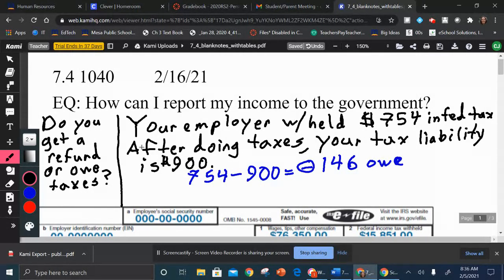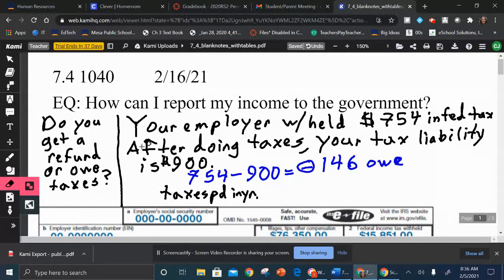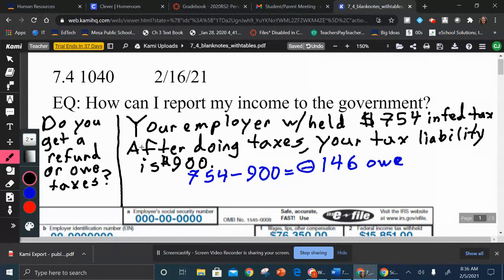Remember, this is going to be the taxes paid during the year. Sorry, I'm going to move this over. Okay, remember everybody, if it had been positive, then it's a refund.